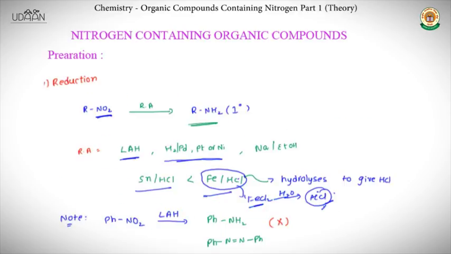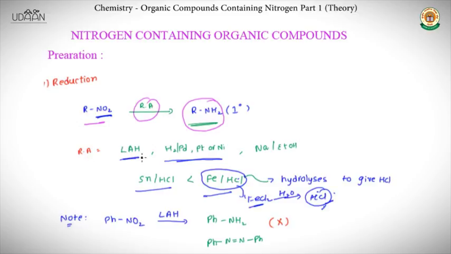Other important reactions include reductions of compounds in which nitrogen is in a higher oxidation state, such as RNO2. As you can see, if RNO2 here is subjected to any reducing agent, you are going to get RNH2, which is a primary amine. Now, there are conditions for these reducing agents, that is, what type of reducing agents can be used.